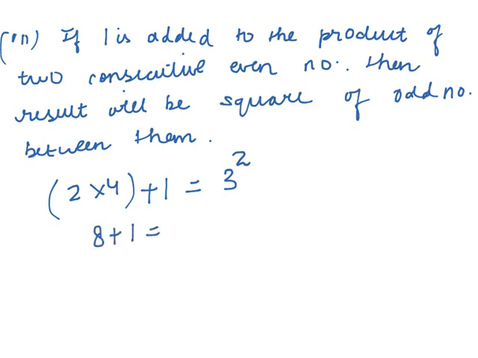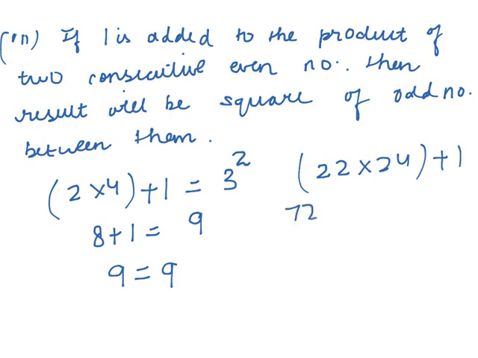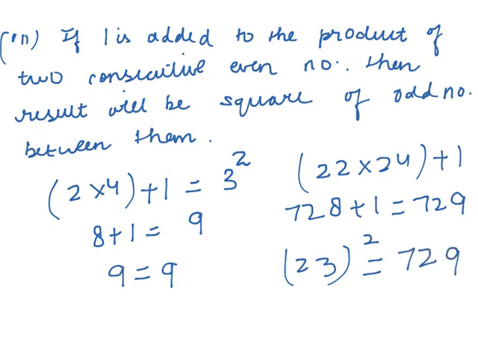8 plus 1, and 3 square will give us 9. 8 plus 1 is 9. And if we take another example like 22 and 24, 22 times 24 is 528, plus 1, the result is 529. Hmm, the speaker says 728 plus 1, that is 729, and if we take the square of 23, that will be 729 only.